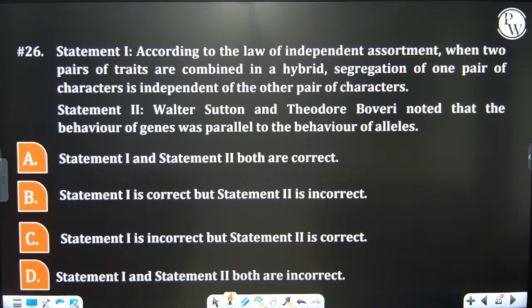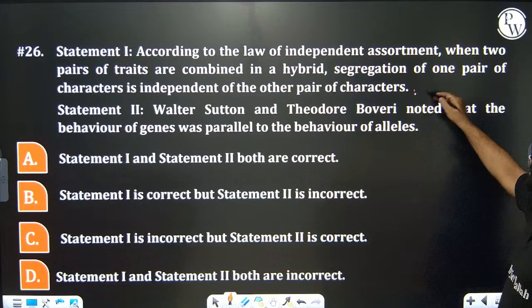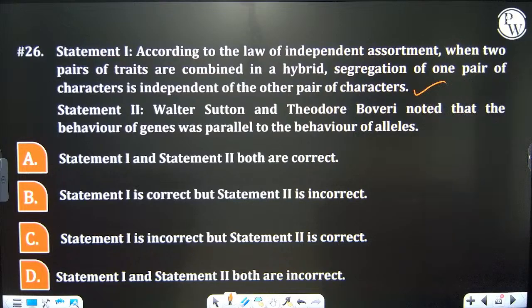According to the law of independent assortment, when two pairs of traits are combined in a hybrid, segregation of one pair of characters is independent of the other pair of characters, which is true. Statement 2: Walter Sutton and Theodore Boveri noted that the behavior of genes was parallel to the behavior of alleles.